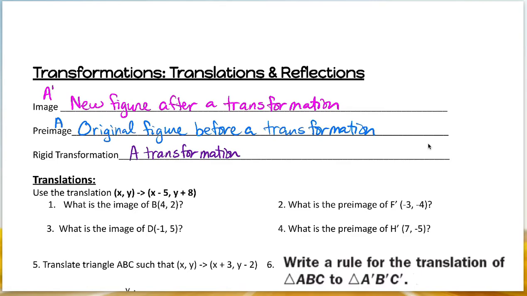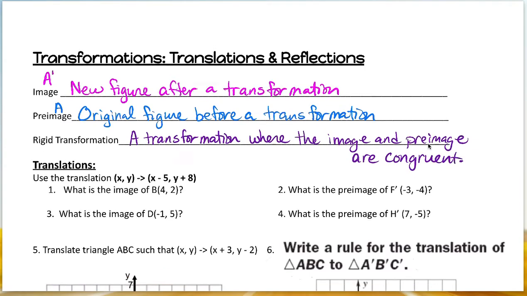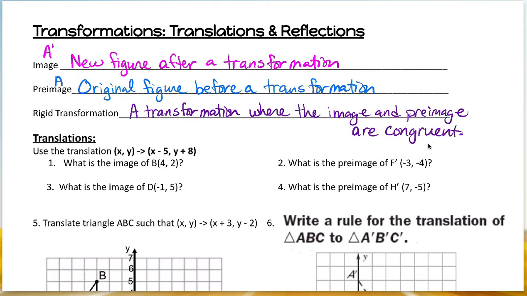It's called a congruent transformation where the figures, the old and the new, the image and pre-image, are congruent. So the same size and the same shape still. So we're going to start with translations, and a translation is just basically a shifting of your figure, maybe moving it right or left or up or down.